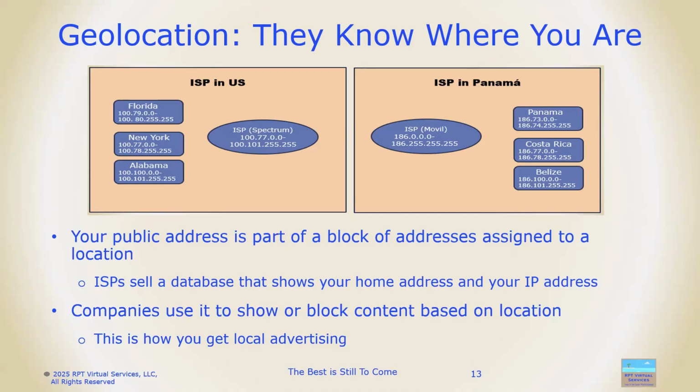You also see on all the cop shows that the police use it to find people based on their IP address. So it's important to understand that if you're using your native address, not a VPN, they know where you are. A VPN moves your address, and so you can look like you're working in a different location. Like, we have a VPN that goes to Florida, and our VPN has a Florida address.